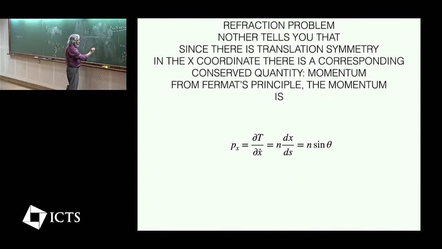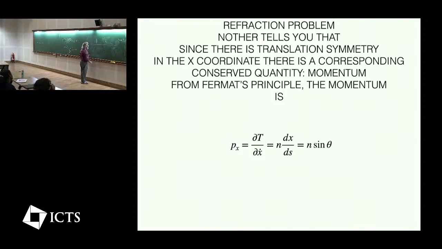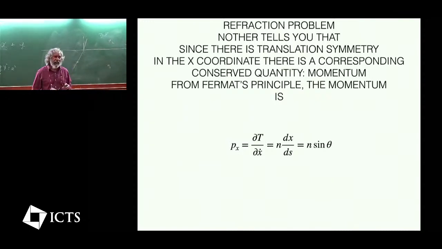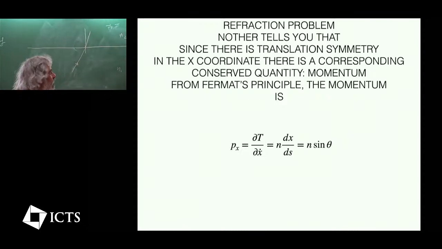And I have some medium here with refractive index N1 and N2. So this whole situation is invariant under translations in the x direction. So Noether will tell you that there is a corresponding symmetry.